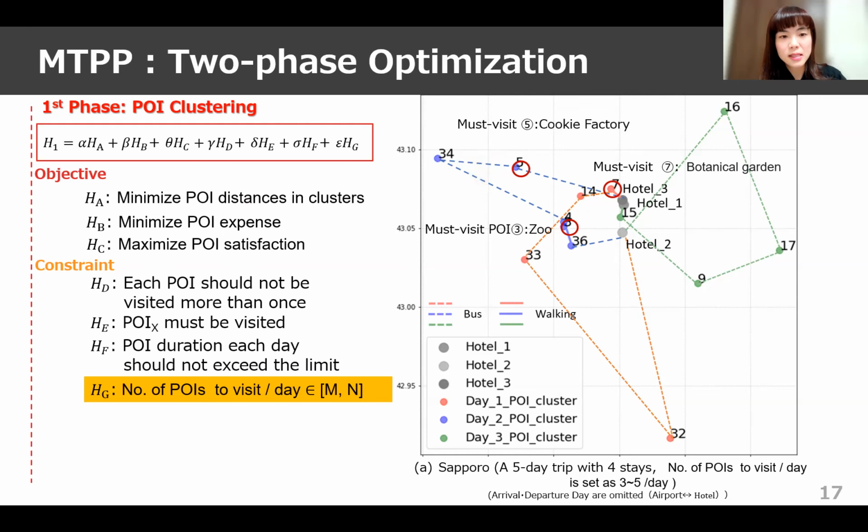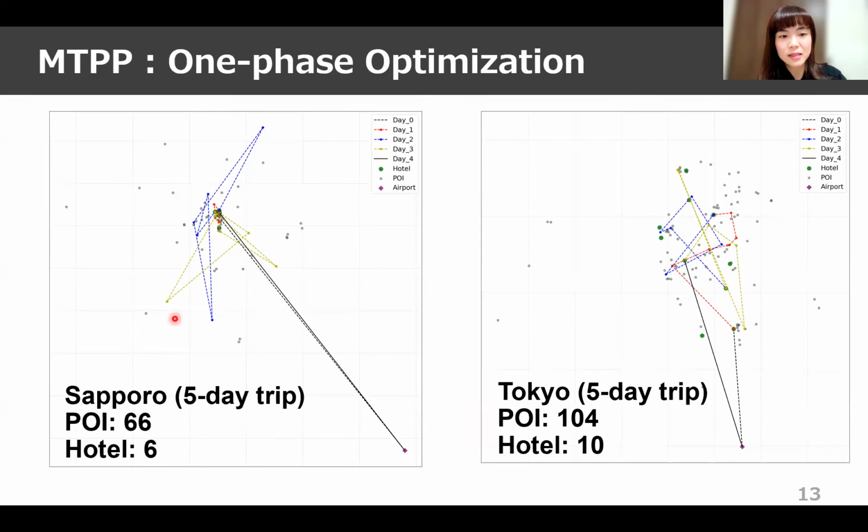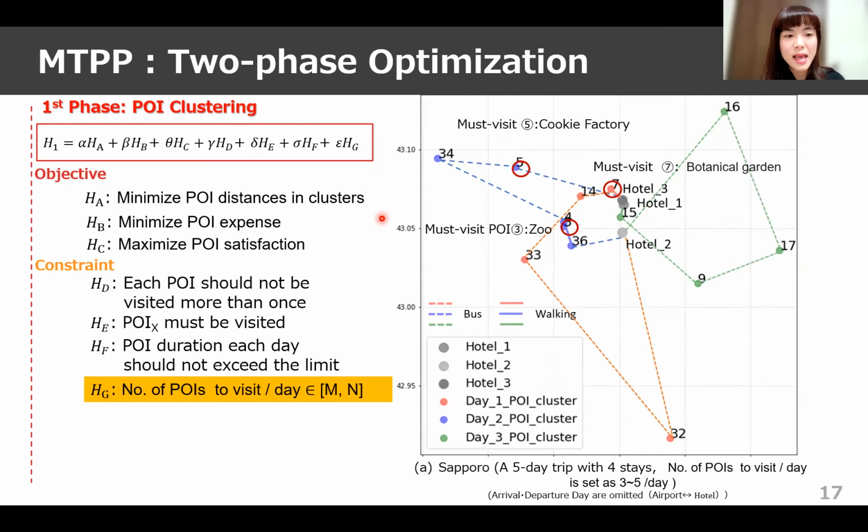By doing this, the messy route in day 3 won't happen in the two-phase optimization method. Continuing, objectives HB and HC are the same as the objectives in the one-phase optimization method.